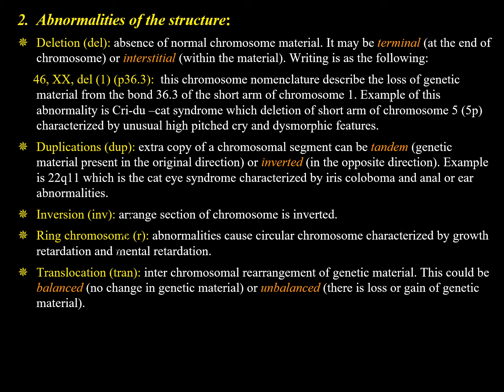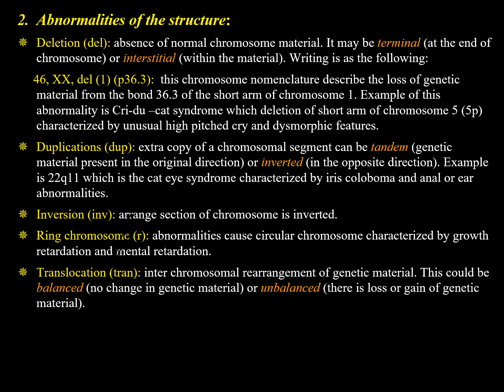Translocation. Translocation means that some genetic material transfers from one chromosome to the other. This could be either balanced or unbalanced. Balanced means that there is a translocation, but the individual is completely normal. Example, Down syndrome.